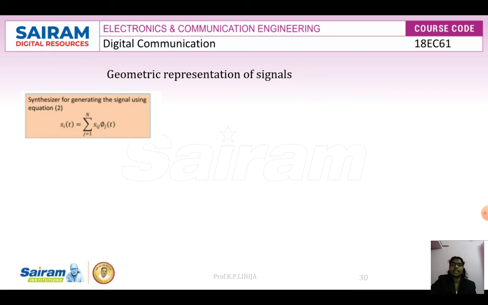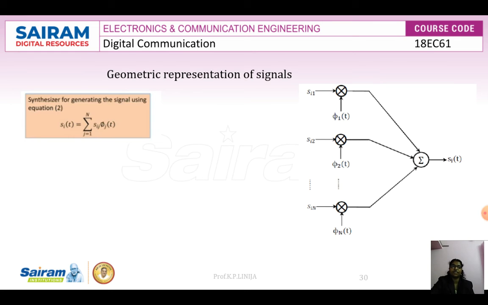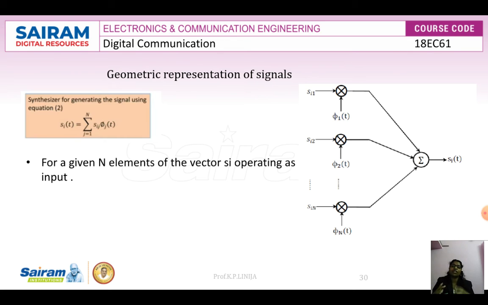Next, if we consider the synthesizer equation, Si of t is expressed as the summation over j equal to 1 to n of Sij into phi j of t. Here we generate Si of t from Si1, Si2 and so on using product multipliers and a summer. The n elements of vector Si act as input to the multipliers, and it will generate the signal called Si of t.